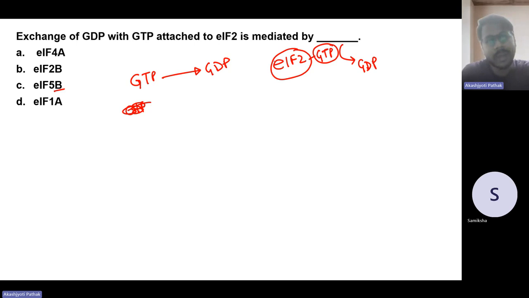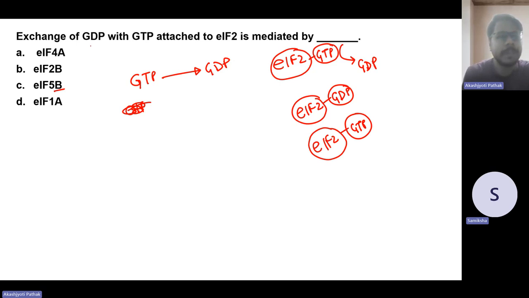If you have to do another cycle of translation, so you have to form another protein, after this step, what happens? EIF2 is bound to GDP. Which protein is involved in the exchange of GDP to GTP? You understand the question?